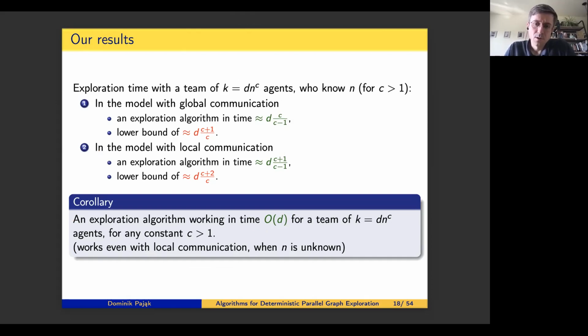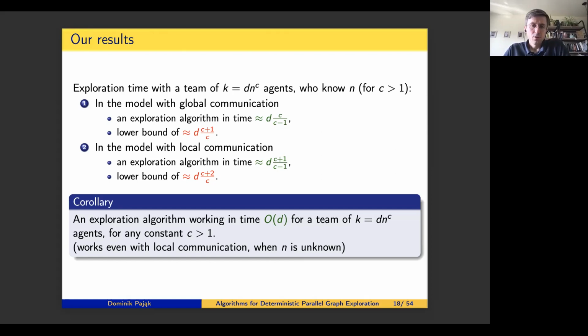So it's very close to the optimal. It's very close to d, and we actually even show a lower bound that you cannot get exactly to d. You have to use at least d times another constant that also depends on c.